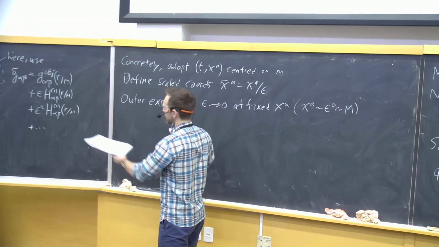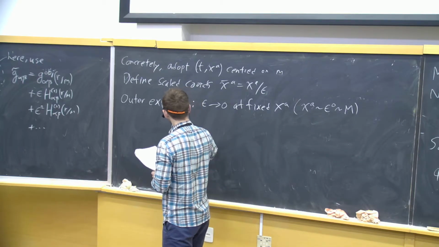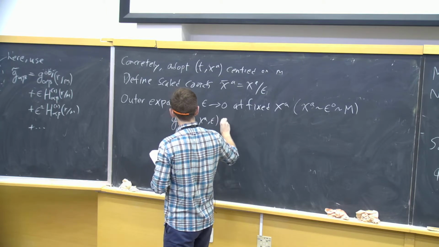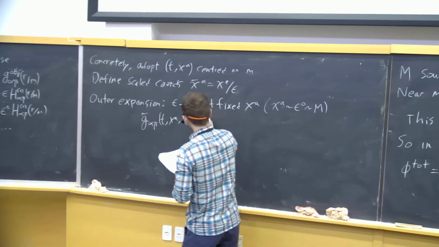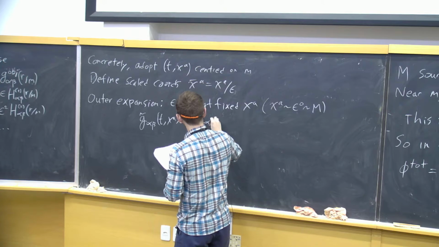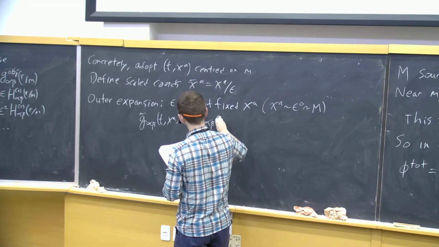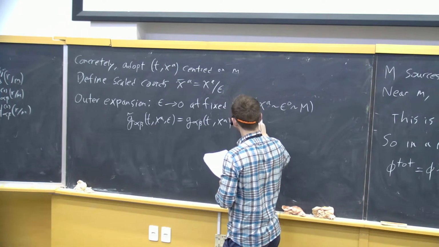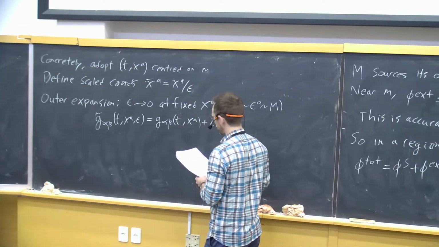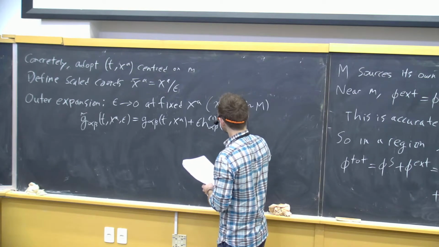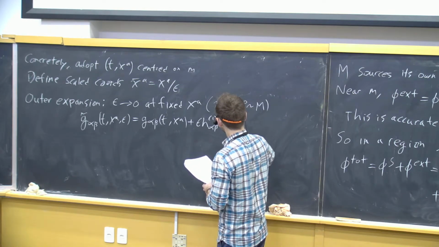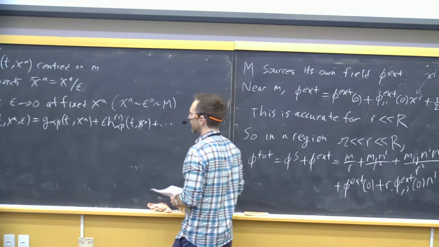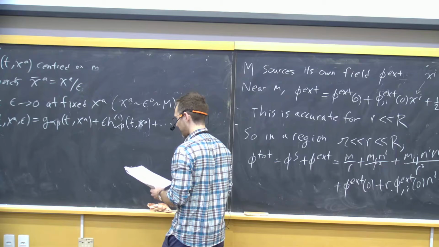And then this expansion over there will have a form like this. So on to higher order. So it's just a series in epsilon.